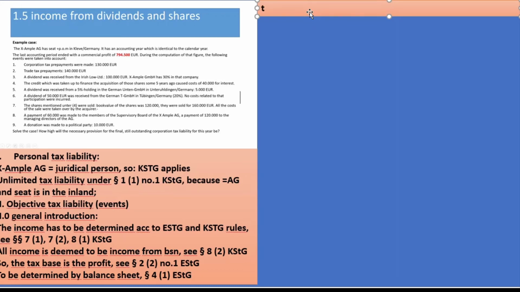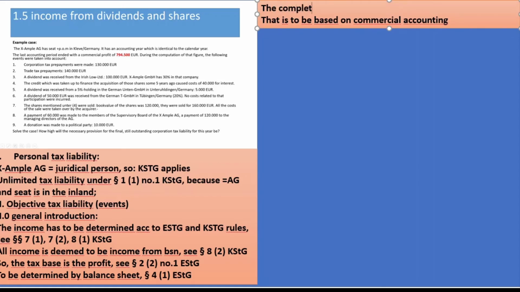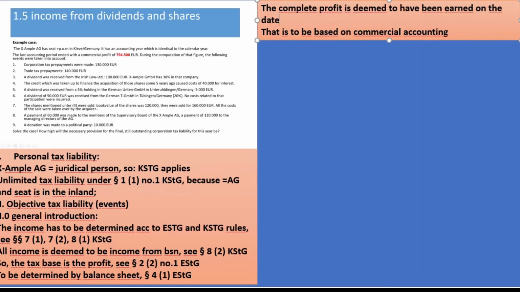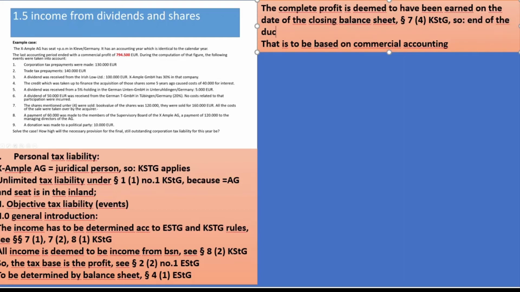And that is to be based on commercial accounting. I forgot something. The complete profit is deemed to have been earned on the date of the closing balance sheet, paragraph 7.4 KStG, so end of the current year here.